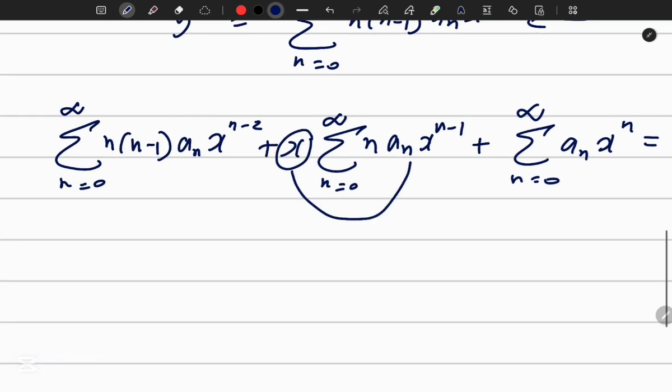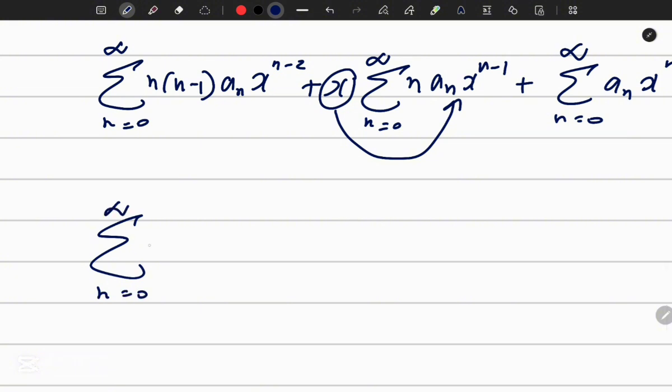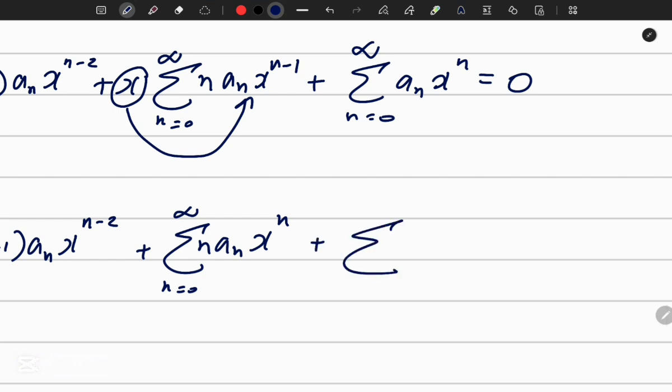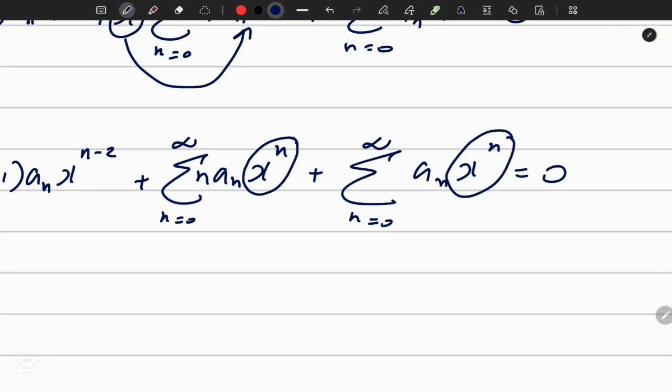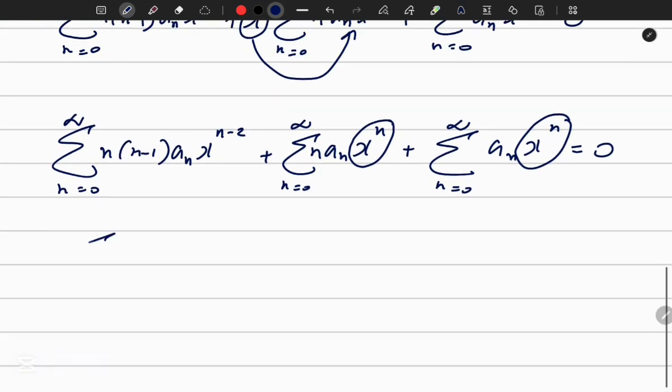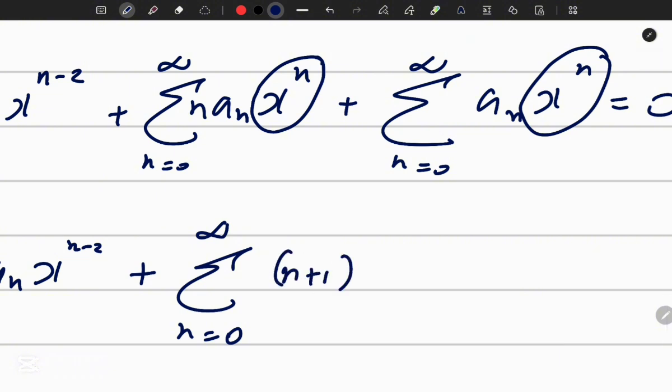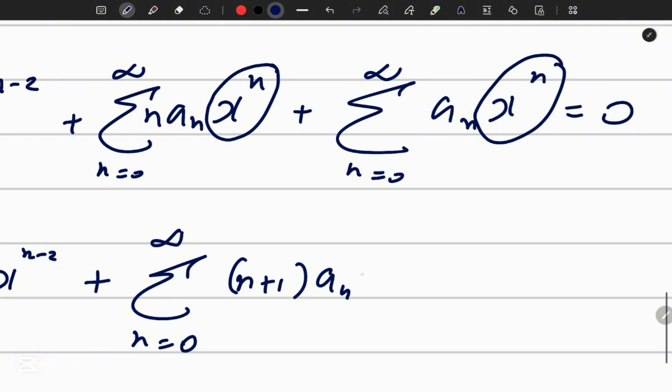Now I can multiply x in, so when I simplify, the second sum has a_n x to the power n with an n, and the third sum is also x^n. So I can simplify further: sigma n from 0 to infinity n(n minus 1) a_n x^(n minus 2) plus sigma n from 0 to infinity (n plus 1) a_n x^n equals 0.